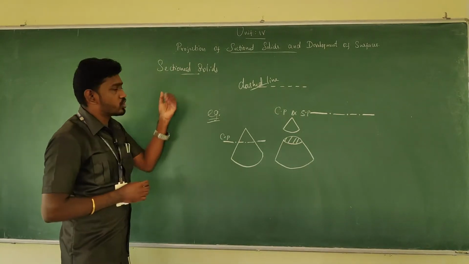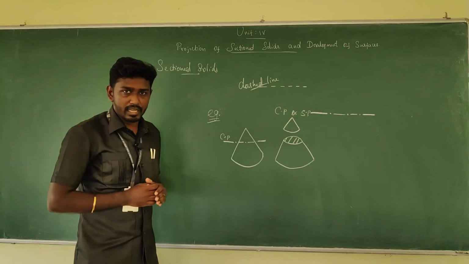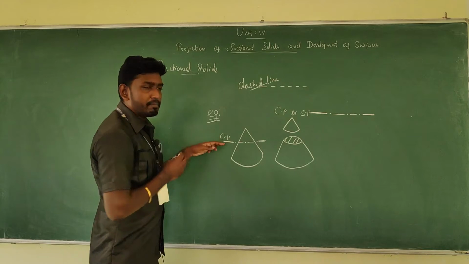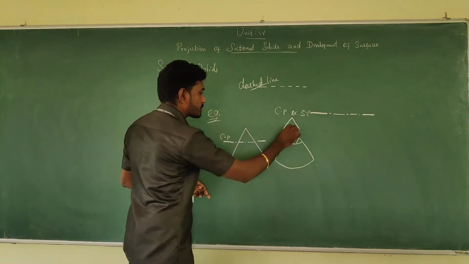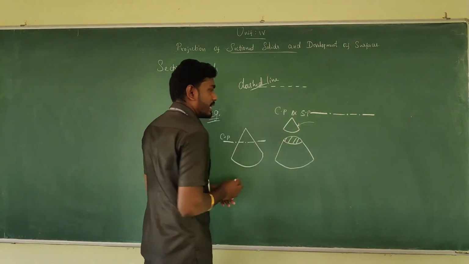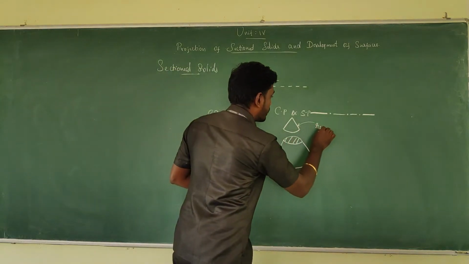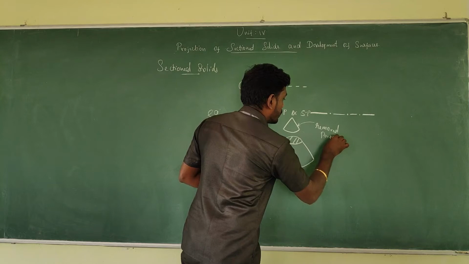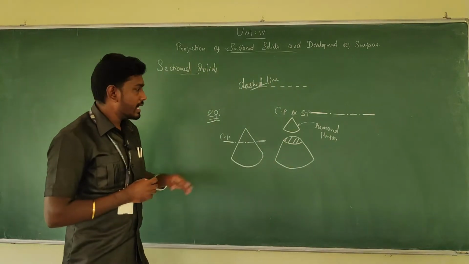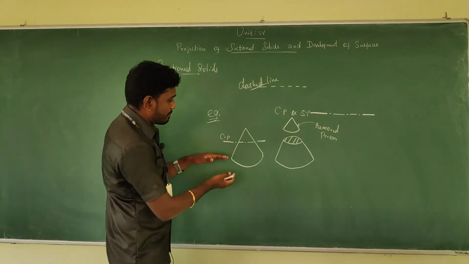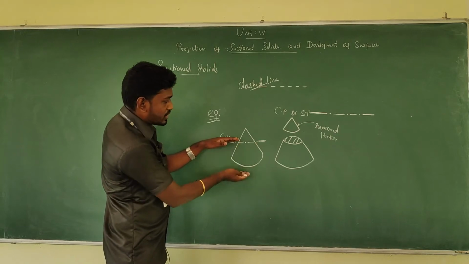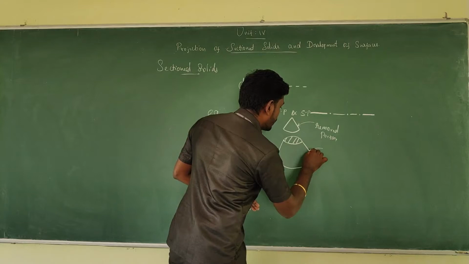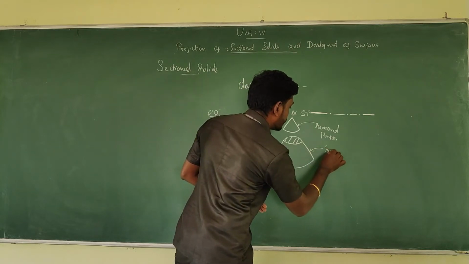In the sectioned solid, we consider the portion lying between the observer and the cutting plane as the removed portion, and the portion below the cutting plane we call the remaining portion.